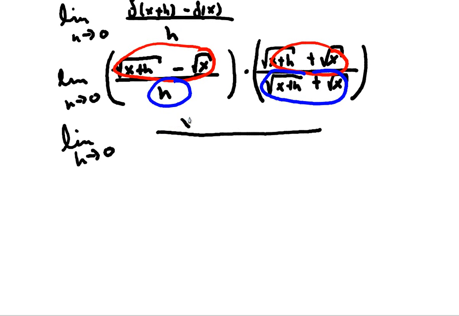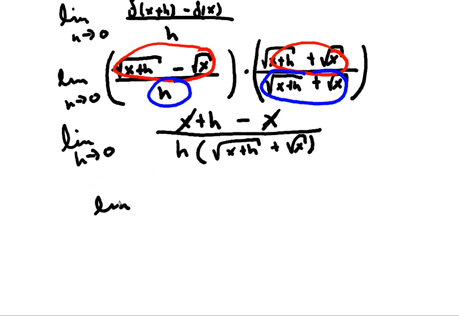If you multiply the numerator times the numerator and the denominator times the denominator, using your FOIL expressions or any other way you've figured out how to multiply this, what we get is simply x plus h minus x.